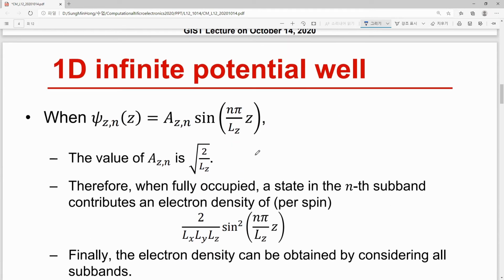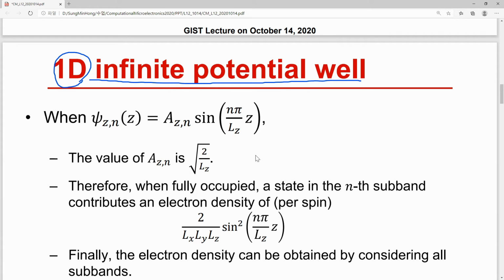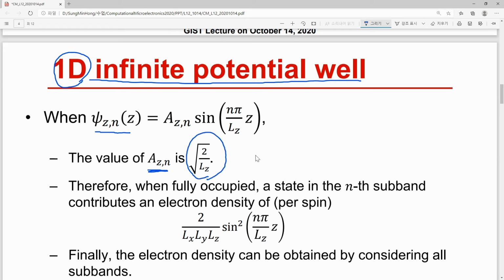So if we apply the previous discussion to our one-dimensional infinite potential well problem, then now we can say this is the z-directional wave function. The first condition is that this z-directional wave function should be normalized to number 1. So we can easily find that the value of the leading coefficient A sub z is this number regardless of the value of n.